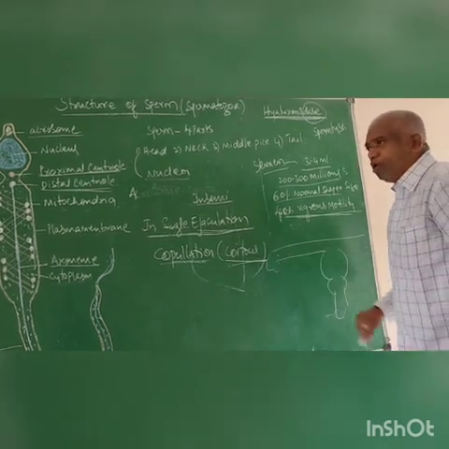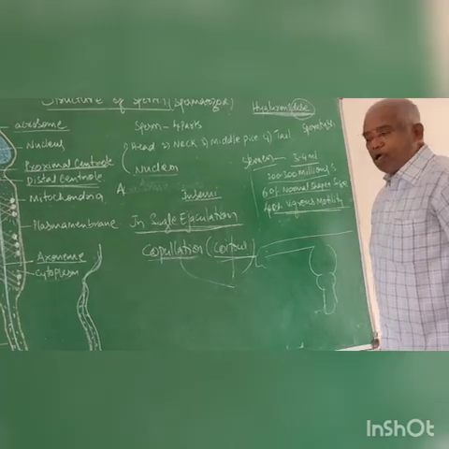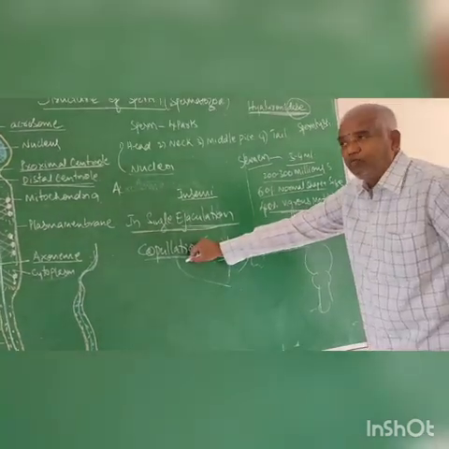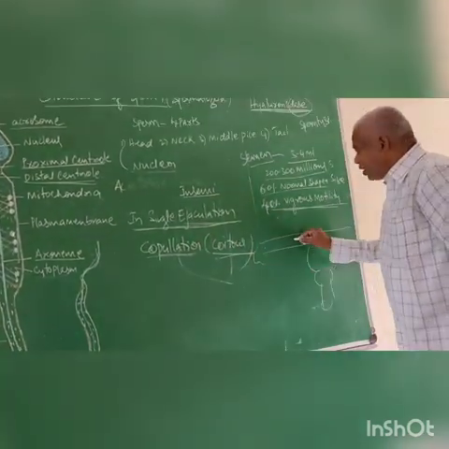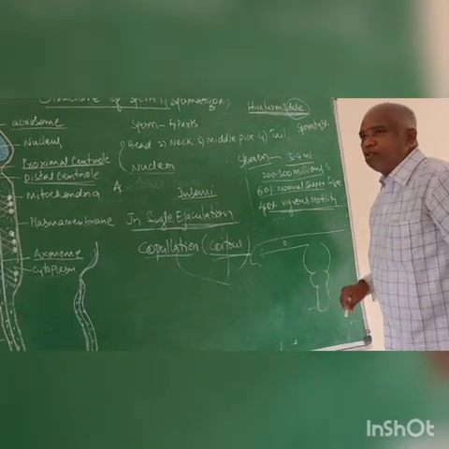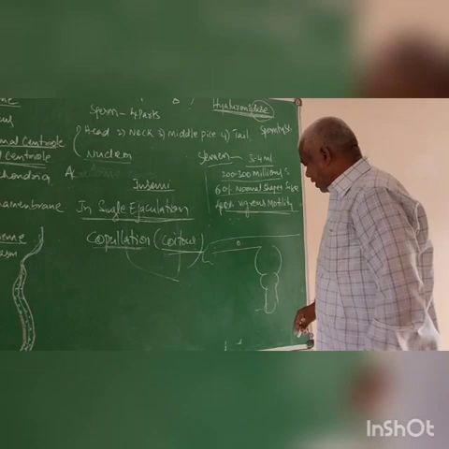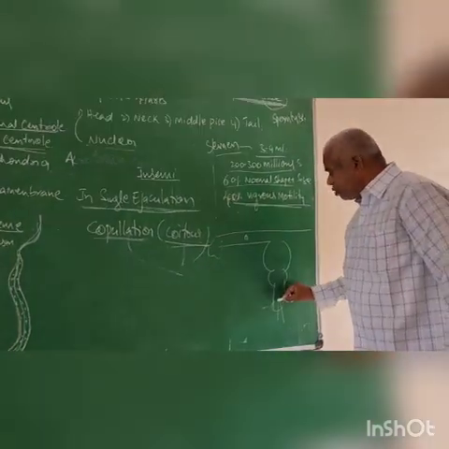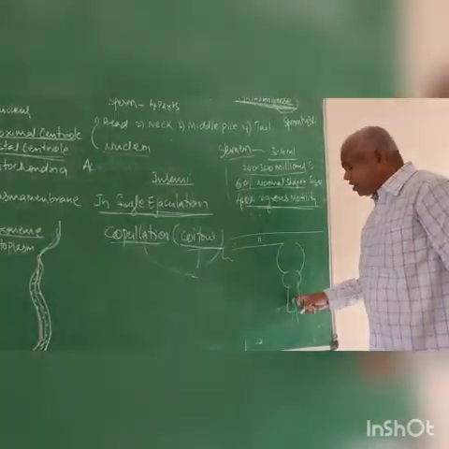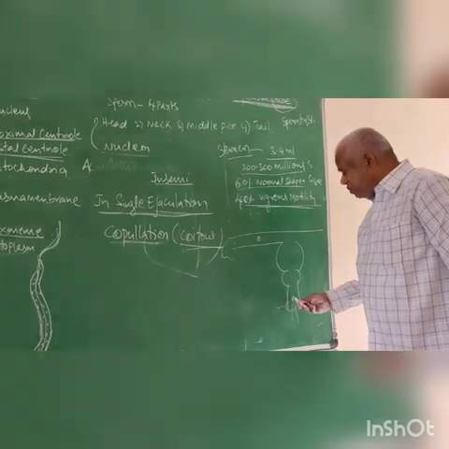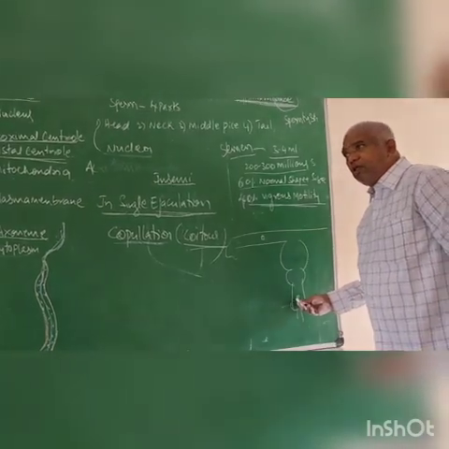Copulation, fertilization. The place of fertilization in the female body is the fallopian tube. The penis is introduced into the vagina. That means the semen is present in the vagina.